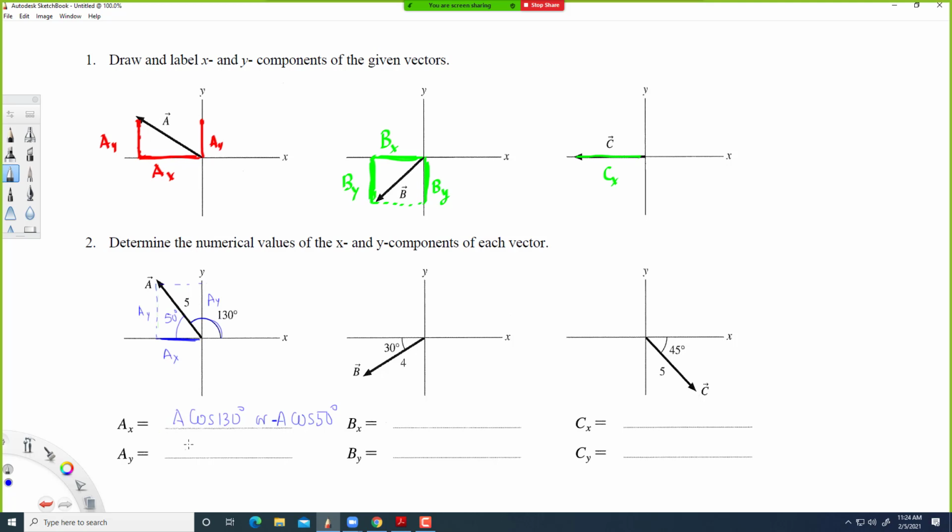For y component, you can use a sine 130 or a sine 50. I don't put negative sign here because y component is on the positive quadrant. It's going up. Up is positive. If it is left, it's negative.